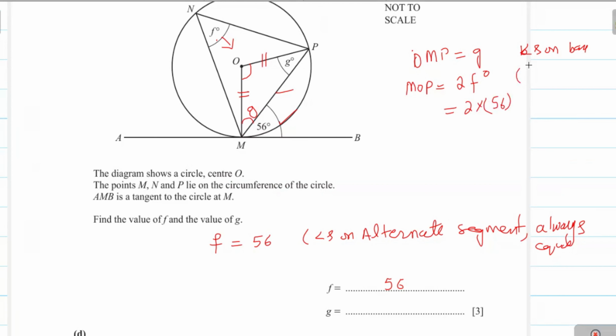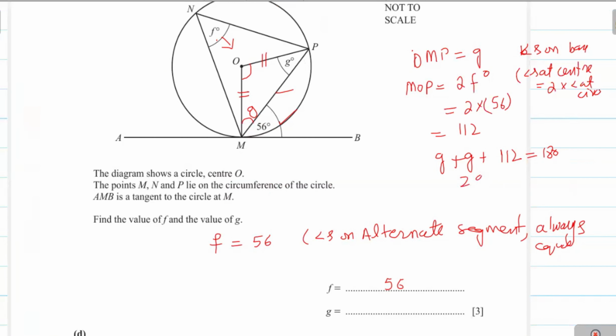And the reason here is the angle at center is equal to 2 times the angle at circumference. And this angle will be equal to 112. Now we have to calculate angle G. If we add all three angles in the triangle, G plus G plus 112 will be equal to 180 because the sum of interior angles of a triangle is equal to 180.